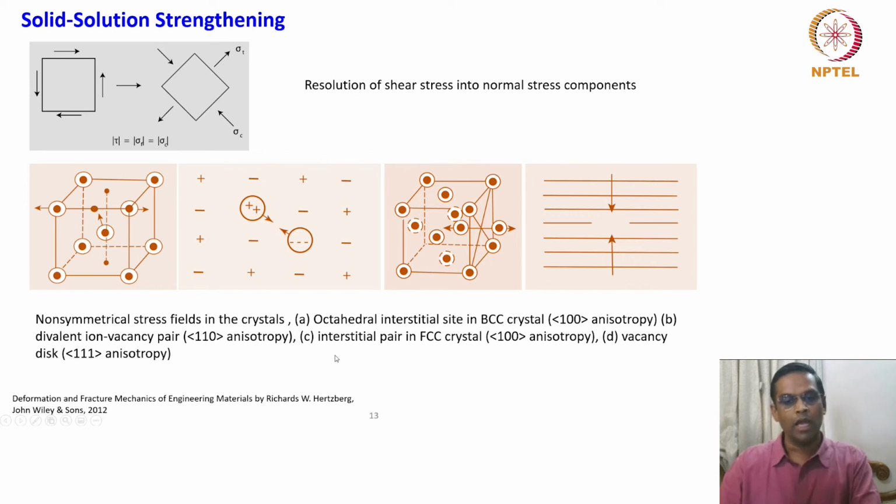Here again, the interstitial pair in an FCC crystal exhibits anisotropy in the 100 direction, and also produces some kind of distortion. Finally, the vacancy disk exhibits anisotropy in the 111 direction, and also creates non-symmetrical stress fields. So these are some of the classical examples of how the crystal system will have non-symmetrical stress fields and how they interact with the stress fields of the dislocation, with a profound influence.